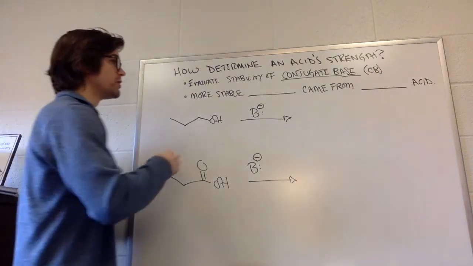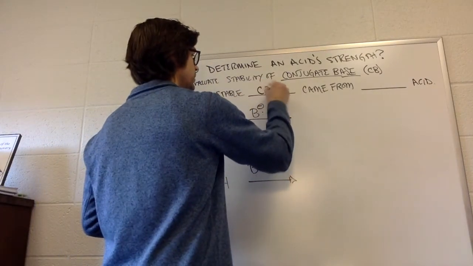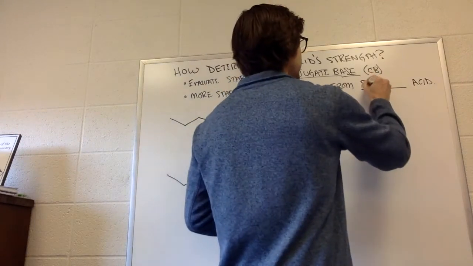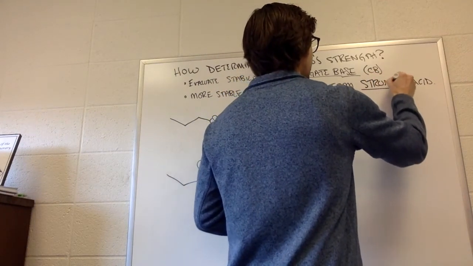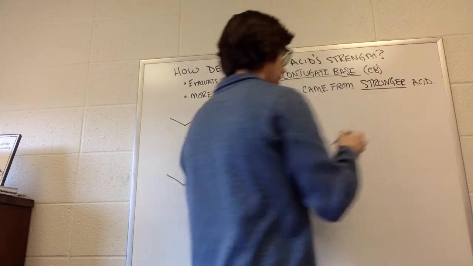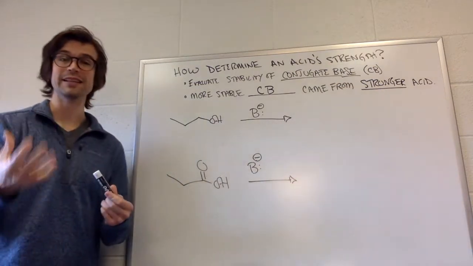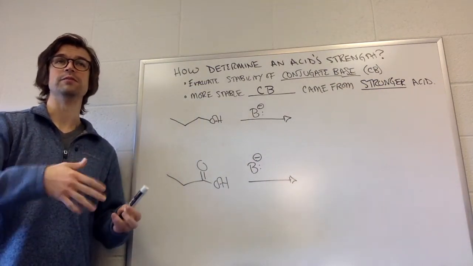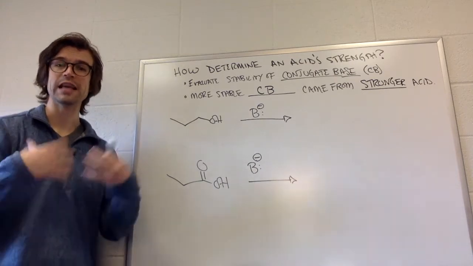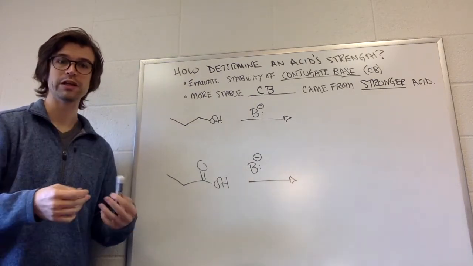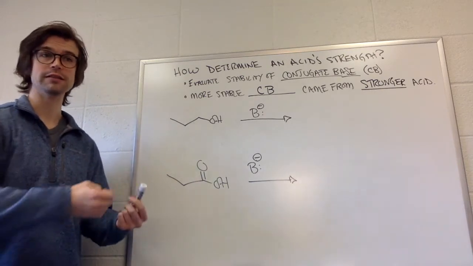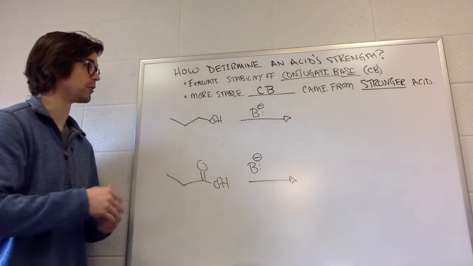So a more stable conjugate base came from the stronger acid. Remember, evaluating the acidity of something: if it's more acidic, it's more willing to give up a proton, and it's more willing because it's generating something that is more stable.